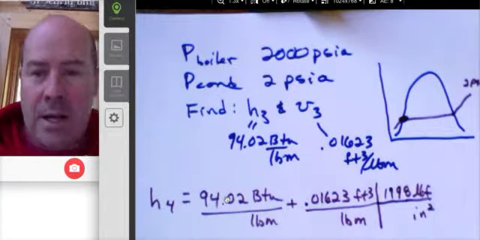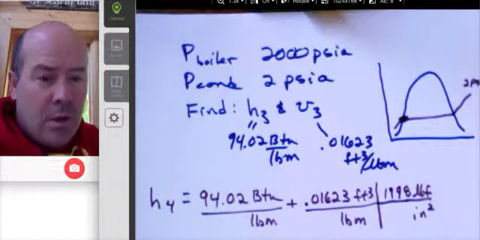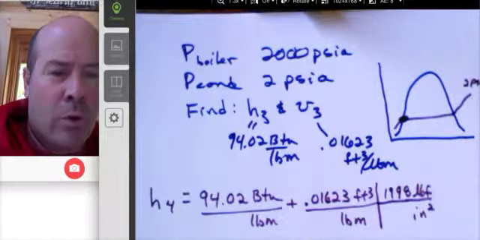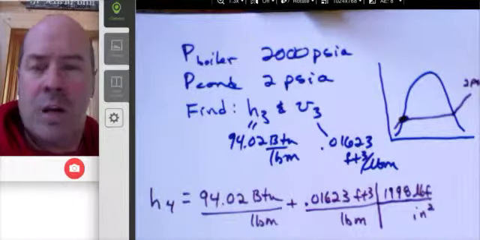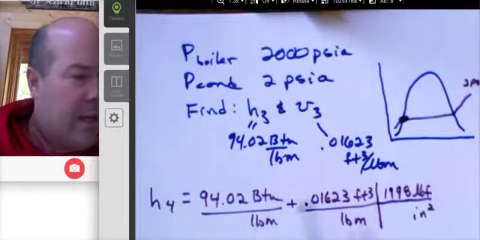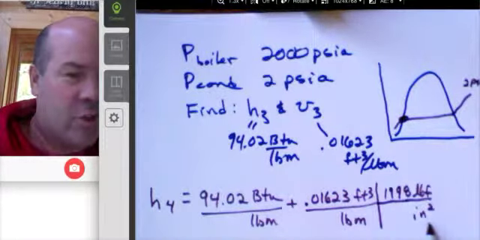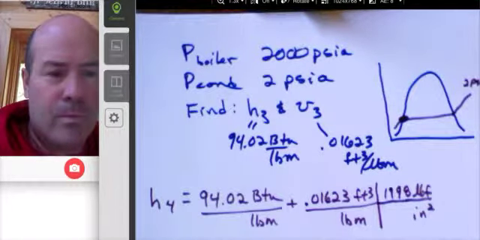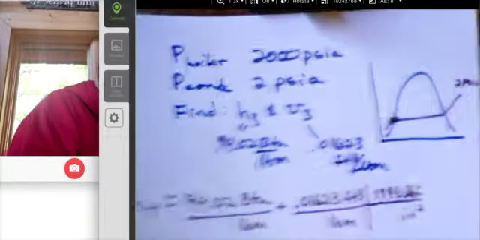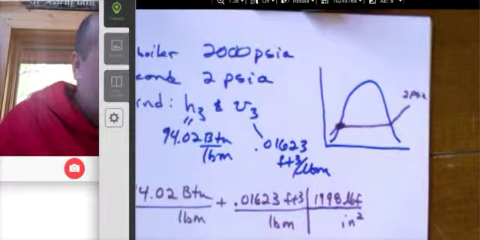You have no idea how many times my juniors and seniors, like you, have just done this math and added it to 94.02. Not acceptable. You cannot add a foot cube pound force over pound mass inch squared to a BTU. Illegal. So let's take a look using the famous railroad track method how to do this conversion.